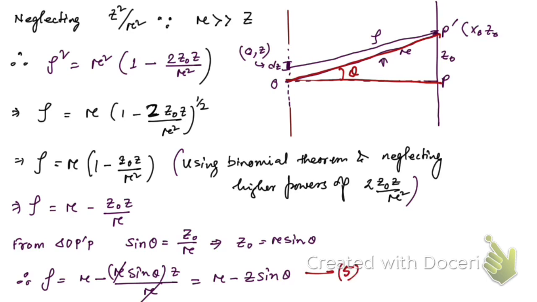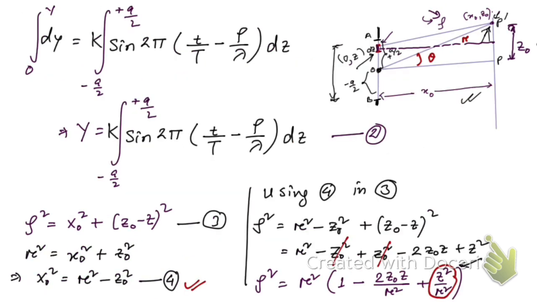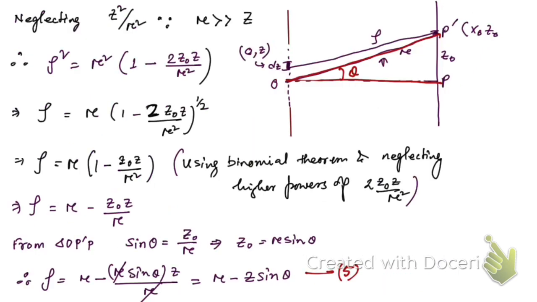Now let me use this equation number 5 in equation number 2. This is the rho, right? So here we're going to replace this rho by this value, r minus z sine theta, because we have got rho is equal to r minus z sine theta.